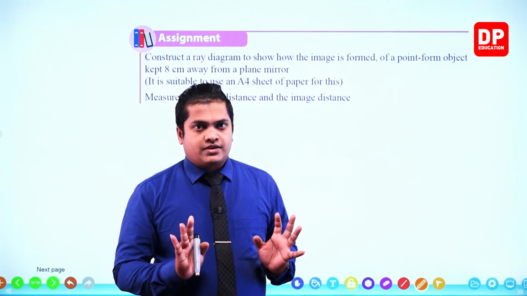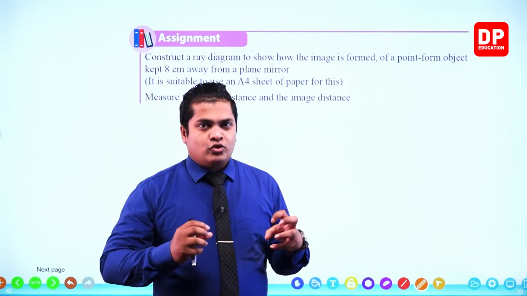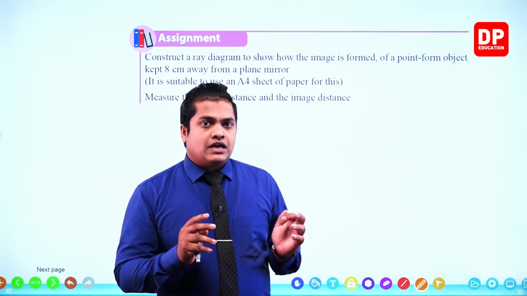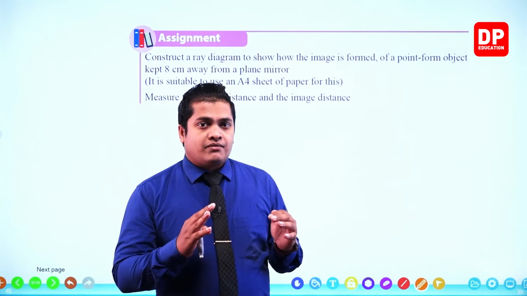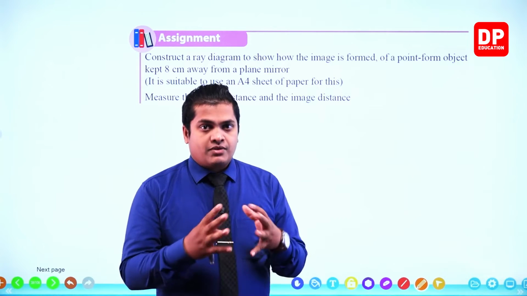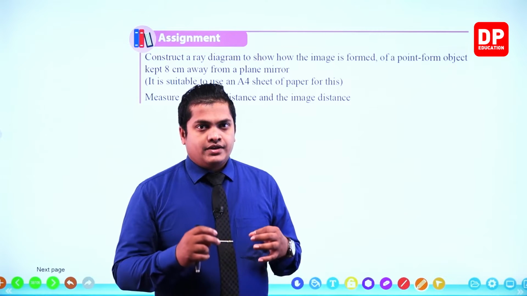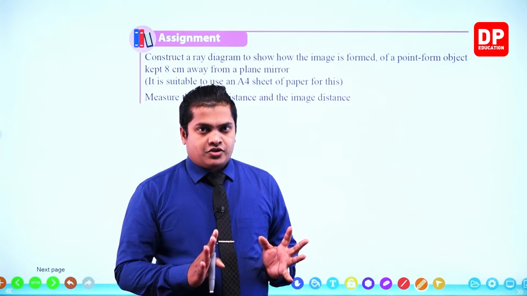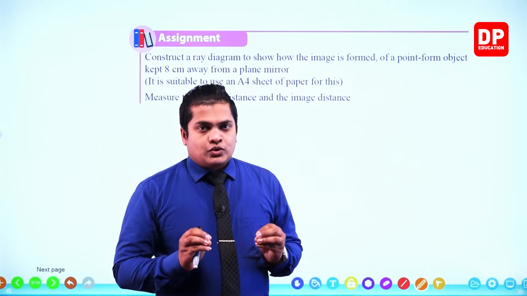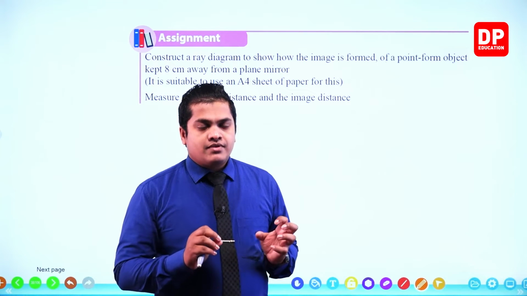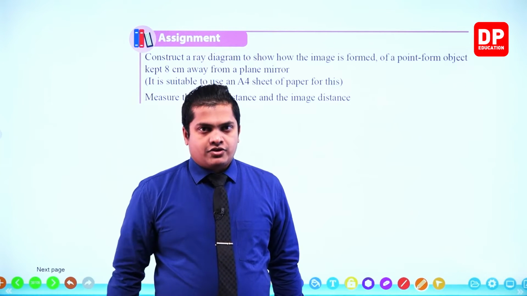Because of human errors, we may receive an answer 1 millimeter less or 1 millimeter greater. You get the idea, right? So I hope you get the idea, my dear children. This is the way of drawing a ray diagram related to plane mirror reflections.